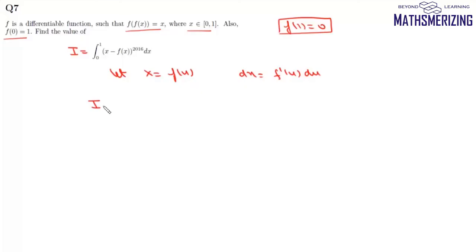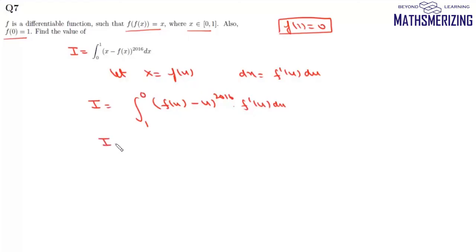So we can write this integral as (f(u) minus f of f(u)) to the power 2016, and f of f(u) is simply u, and in place of dx we'll write f dash u du. Now we'll put in the limits. When x is 0, u is 1, and when x is 1, u is 0.